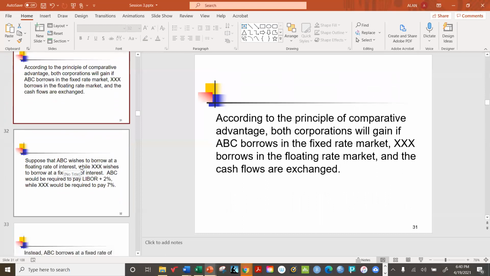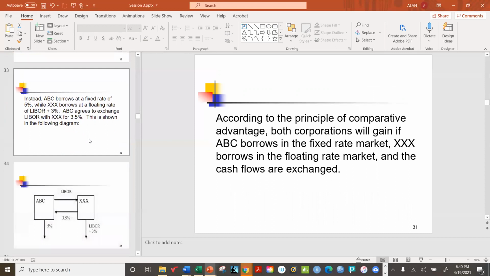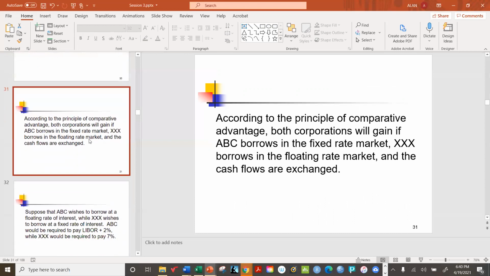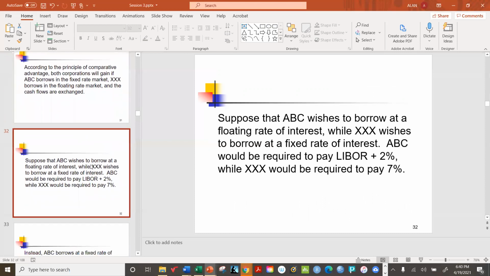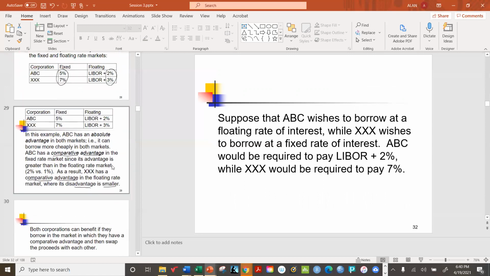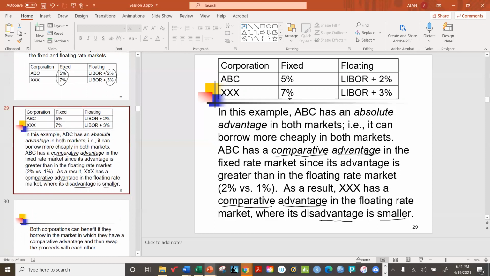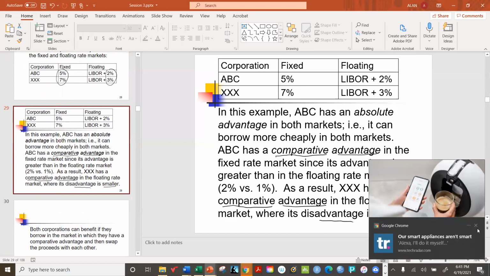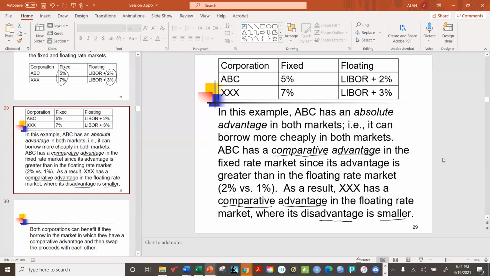Let's put together this example. Now, by the way, we're making an assumption here. If ABC wants to borrow the fixed rate, then none of this makes any sense. In other words, there's some reason why ABC wants to borrow floating. Suppose they're very convinced that rates are heading down and they would like to borrow at the floating rate, LIBOR plus 2.